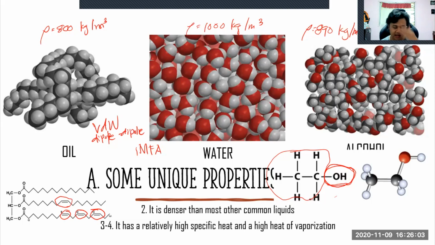And lastly, the third and fourth unique properties of water are that it has a high specific heat and a high heat of vaporization. Heat capacity is the capability of a molecule to absorb heat energy.